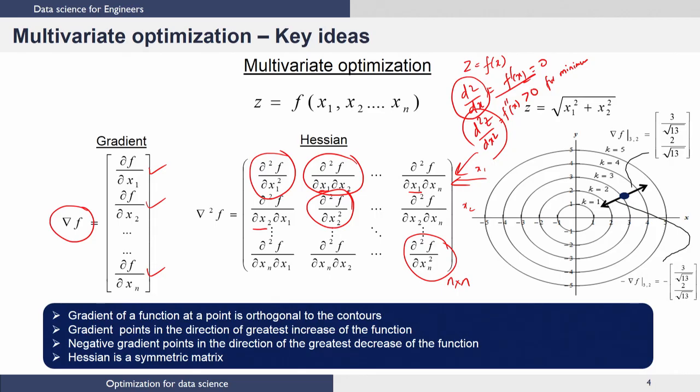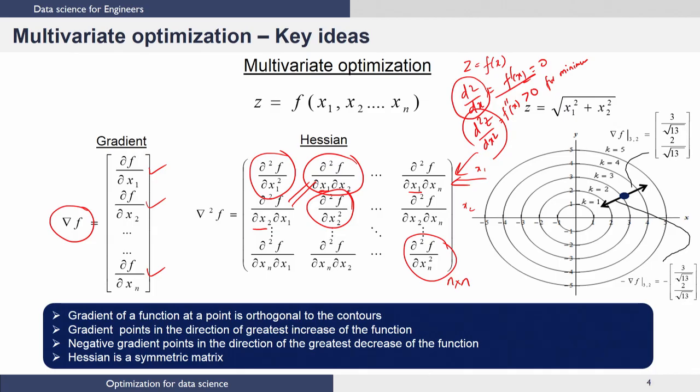Also notice that this Hessian will be a symmetric matrix, because for most functions this equals this, and similarly you will have dou squared f dou x1 dou x3, the next term here will be dou squared f dou x3 dou x1, which will be the same. So, the Hessian matrix is going to be symmetric.